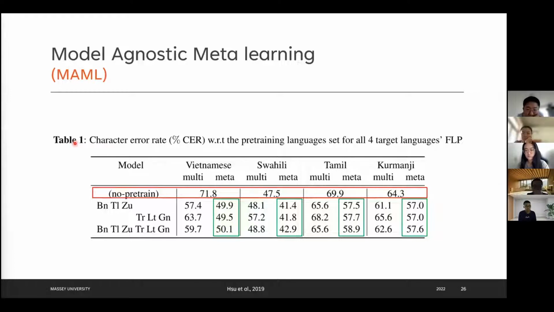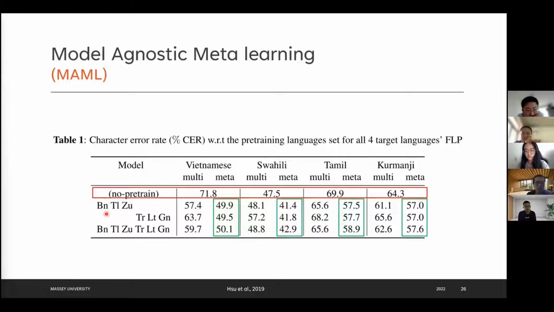They used 6 languages as their source languages, and then 4 as their target training languages. In the first set of training, as you can see, with no pre-training, the results are very poor. So it's a very high character error rate.